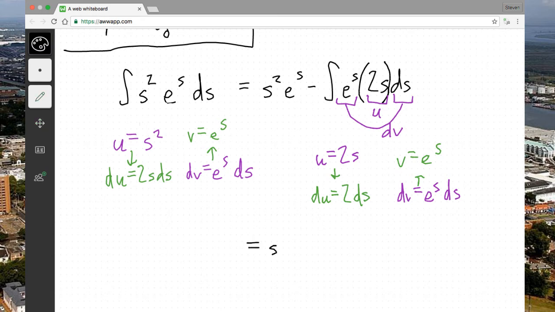s squared e to the s minus, and we'll be careful to put brackets around the second step of integration by parts so we don't make any mistakes. I need u times v, 2s times e to the s, minus the integral of v du, and that's e to the s times 2 ds.